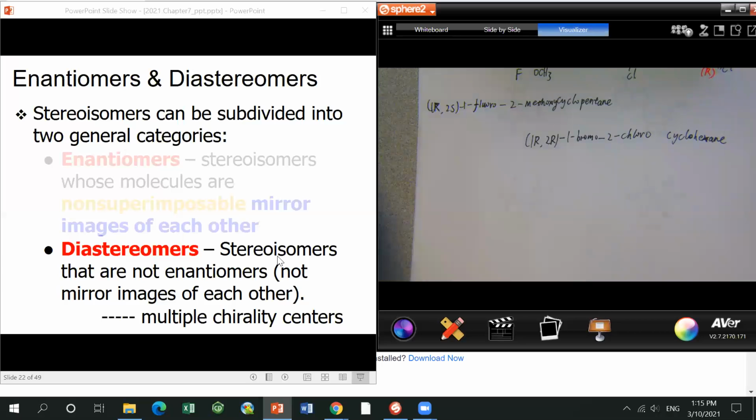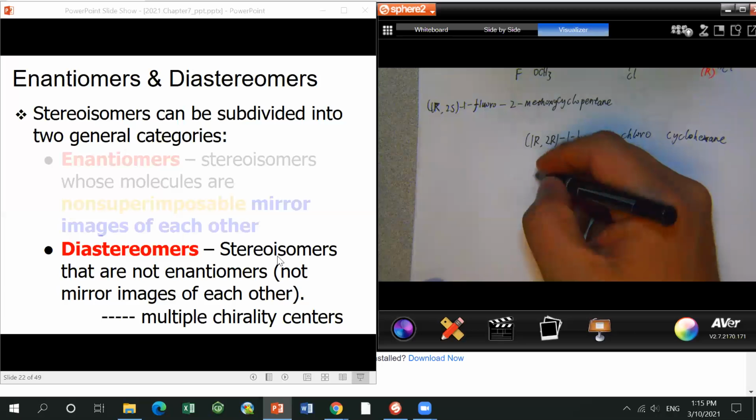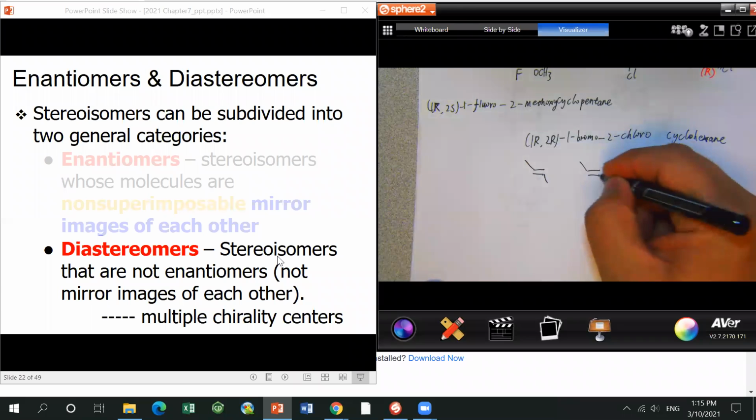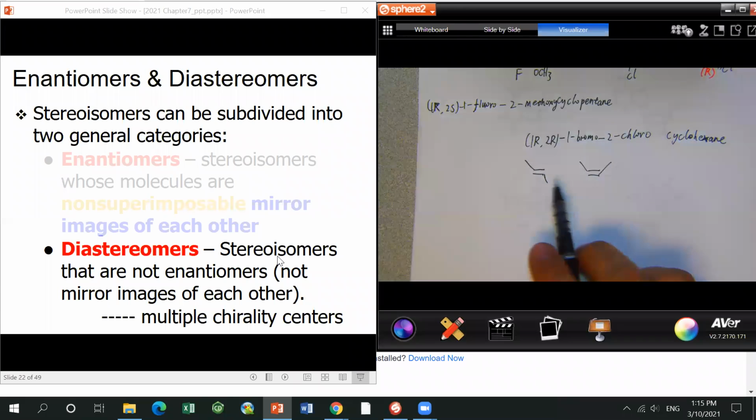So we already learned one diastereomer, the alkene cis-trans isomer. So that's trans and cis. These two are stereoisomers of each other first.